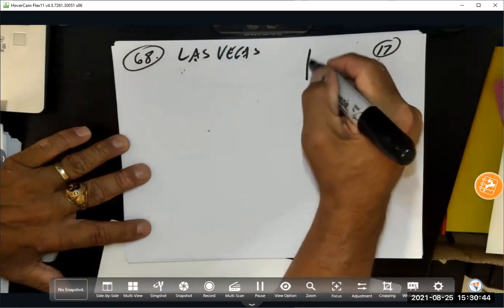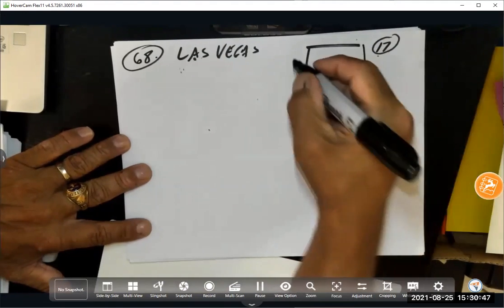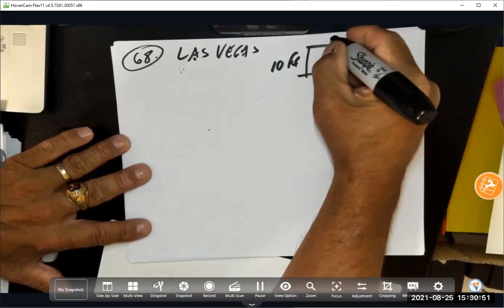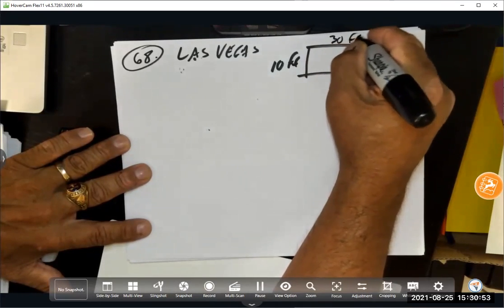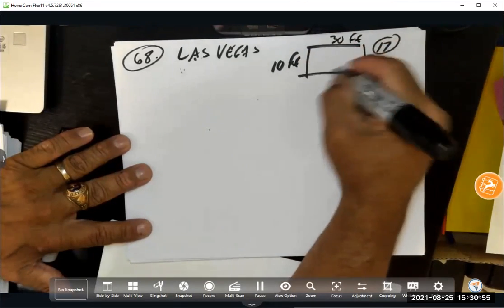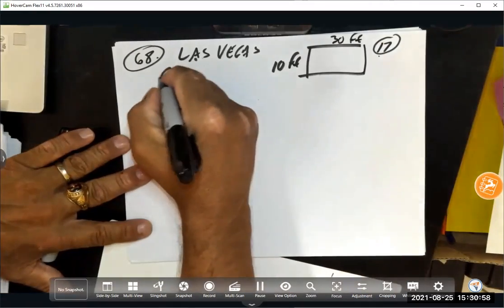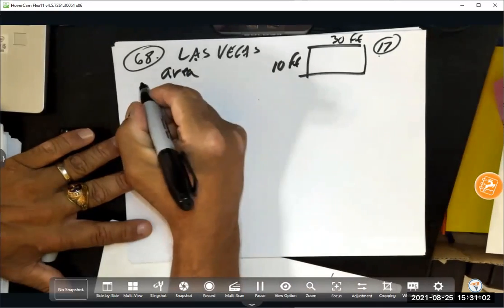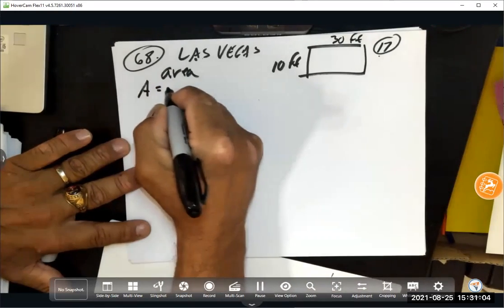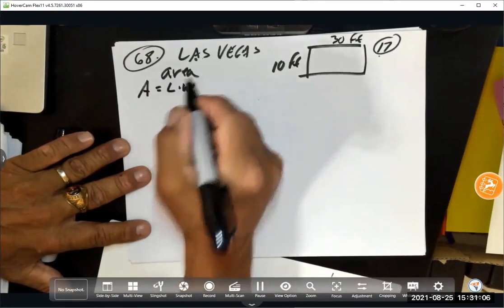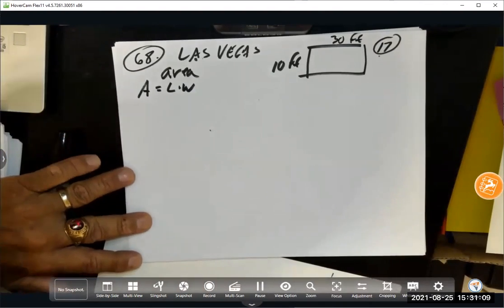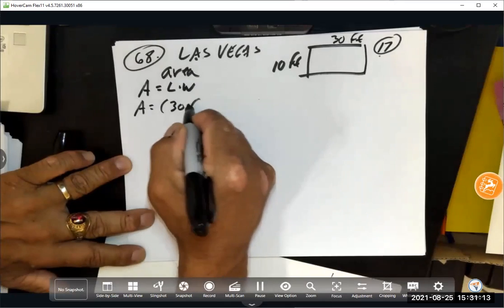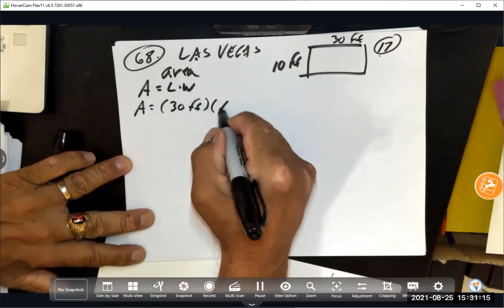And your friend gets a room, and let's say your friend's room is 10 feet by 30 feet. So his room has 10 feet by 30 feet. The area of this rectangle, if you remember in geometry, is the length times the width. Remember that formula? L times W. So area is 30 feet times 10 feet.